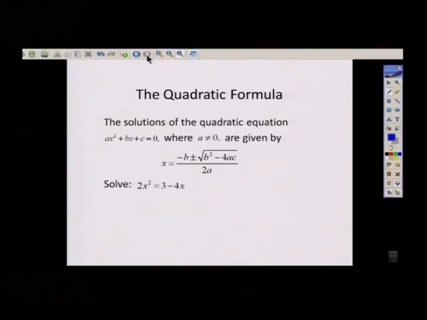So with some quadratic equations, you can solve them by factoring or directly. But some of them, you need to have a special formula. You could solve by what's called completing the square or the quadratic formula.